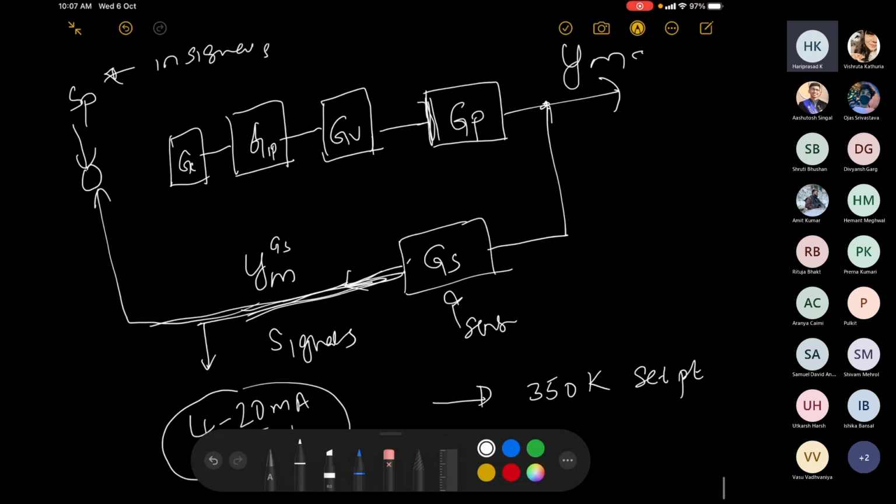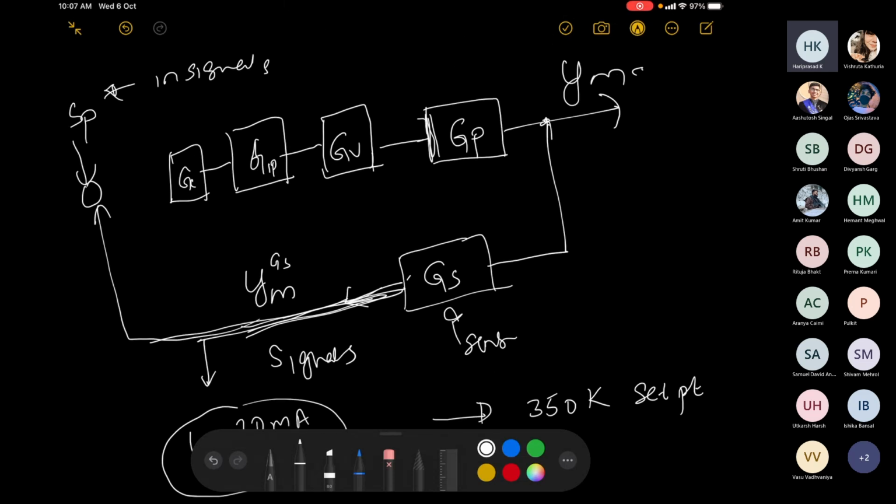So when you put 350 into the comparator, it doesn't understand. See, this would be minus and this should be plus. You have a set point and you calculate the error, and this error would go inside the controller, and this process operates. My point is, let's say the signal here is 15 milliampere.